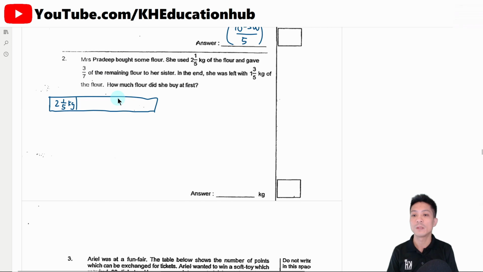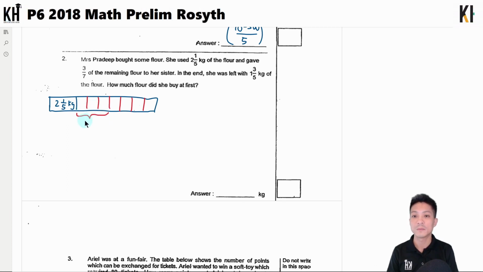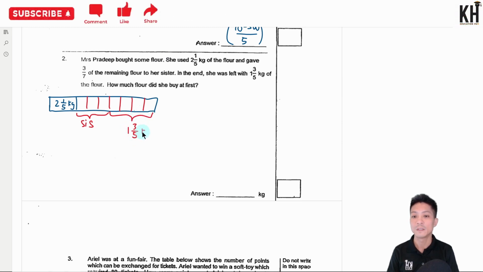So out of the remainder, you can cut it into 7 parts. 3 out of 7 will be given to the sister. And in the end, she's left with 1 3/5 kg.